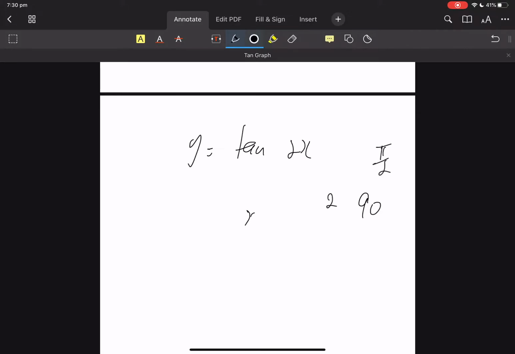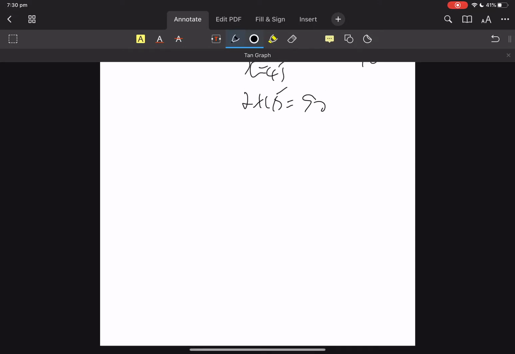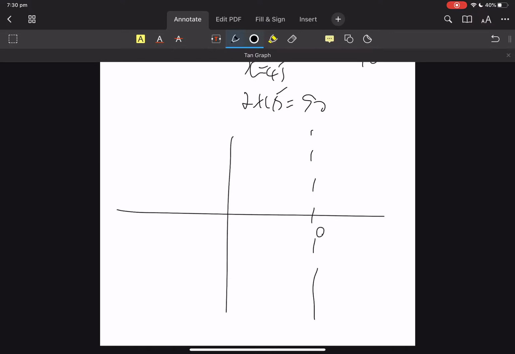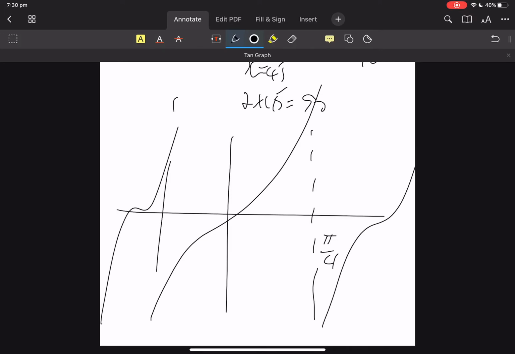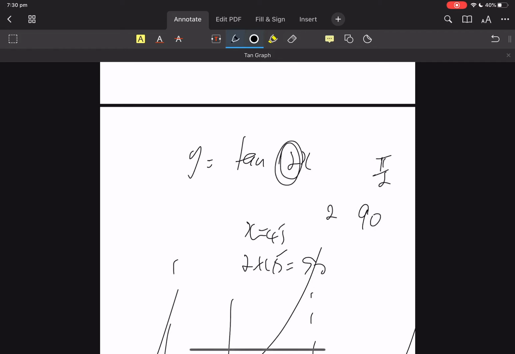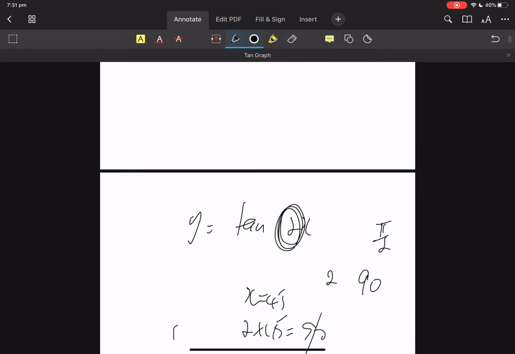But now when x equals 45, 2 times 45 equals 90. So that means instead of that first asymptote happening at 90 degrees, it would happen at 45. Or if we're in radians, it would be pi on 4. But it's still going to look like that, but that coefficient of x tells you where these asymptotes are.